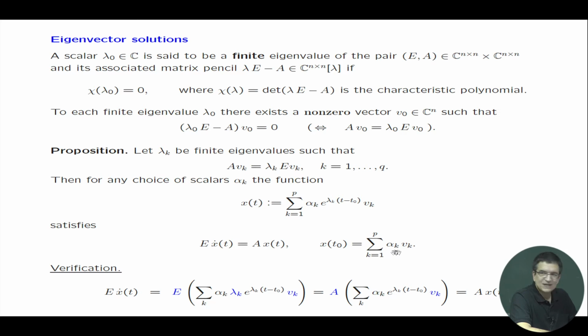This sum is 0, but the coefficients are not all 0. And then this function x of t is non-zero. Indeed, if this determinant is constantly 0, then all lambdas are eigenvalues, and not all vectors are eigenvectors. Sorry.